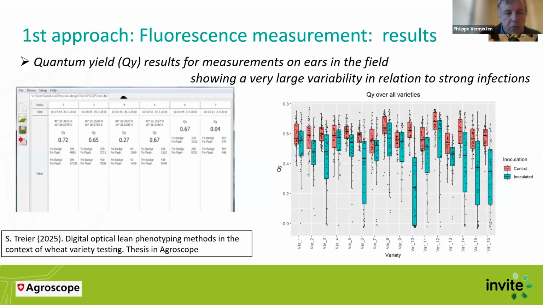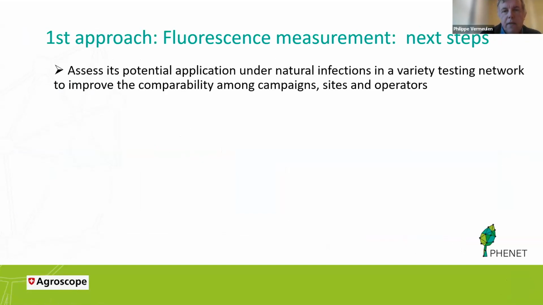This work is also part of the thesis of Simon Treyer at Agroscope. For the next step in the PHENET project, the idea is to assess this application under natural infection in a variety testing network in order to improve the comparability among campaign sites and operators.